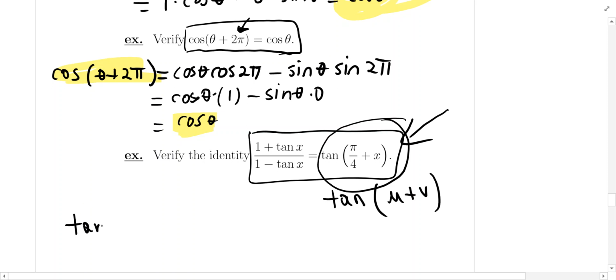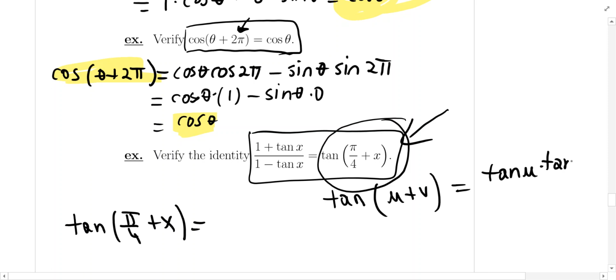So tangent of pi over 4 plus x equals, okay, you should remember the formula by now. Let's see if I do. So this equals tangent of the first times tangent of the second over 1 minus tangent of the first times tangent of the second.